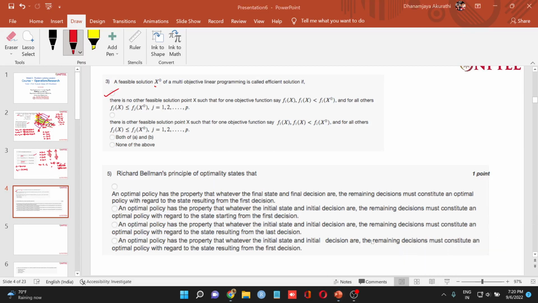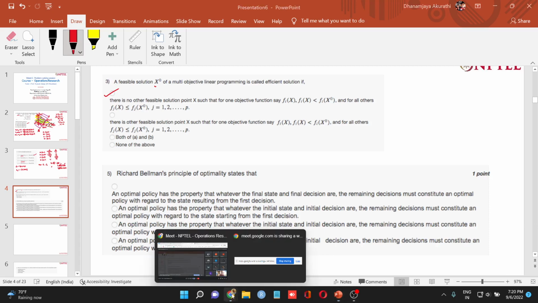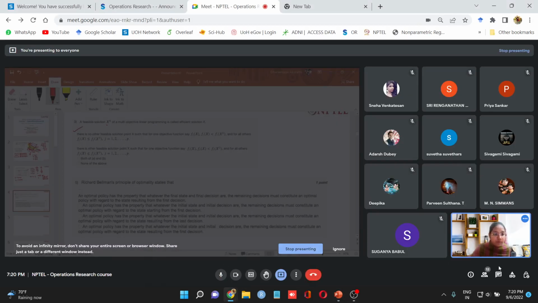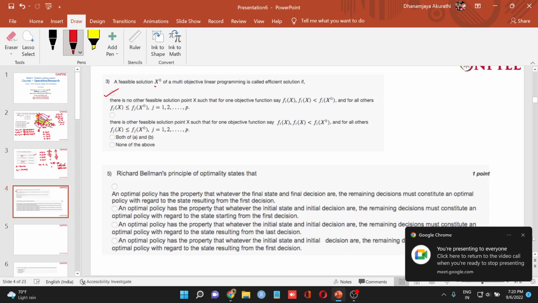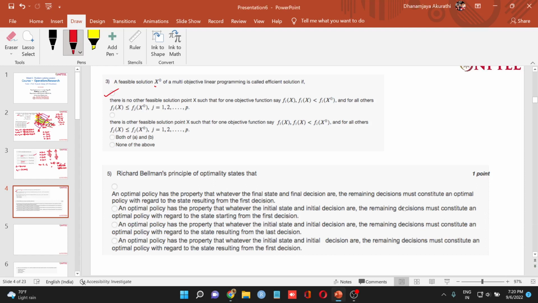I'm moving to the next thing, the dynamic programming problem. So what is the dynamic programming problem? Generally, if we have a large problem, that means it includes n number of decision variables, then dynamic programming divides that large problem into small sub-problems.